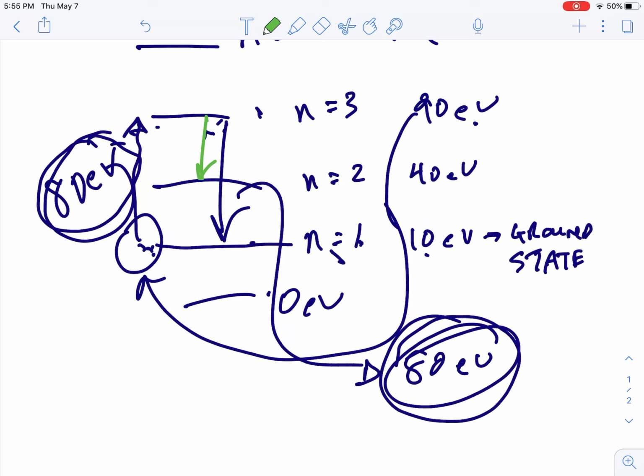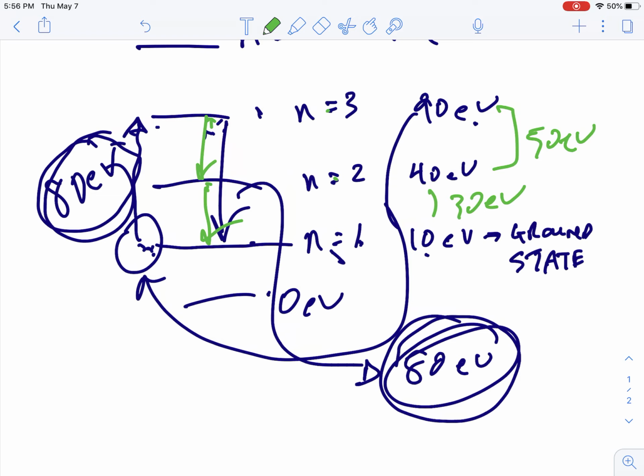So what it can do is it can stop here. Now, if it makes this transition, then from here to here, that would be a 50 electron volt. Then if it goes down from here, that would be a 30 electron volt.